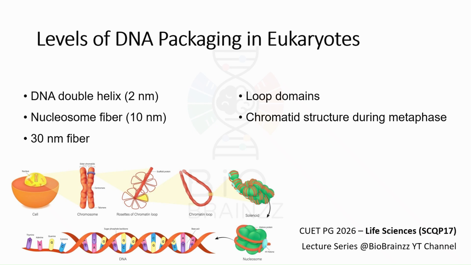The diagram shown here represents this entire hierarchy from the DNA helix to nucleosomes to zigzag fibers, chromatin loops, and finally the fully condensed metaphase chromosome. So remember the sequence clearly for exams: DNA double helix, then nucleosome fiber, then 30 nanometer fiber, then loop domains, then metaphase chromosome.